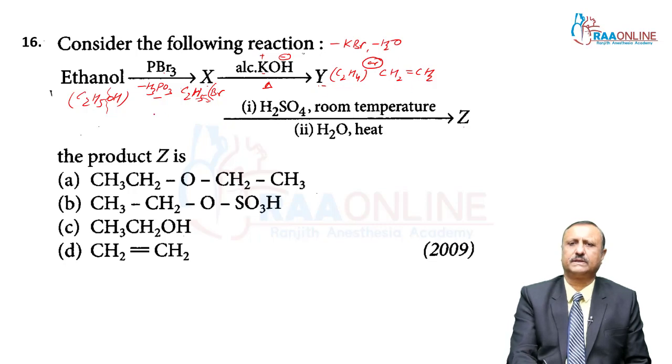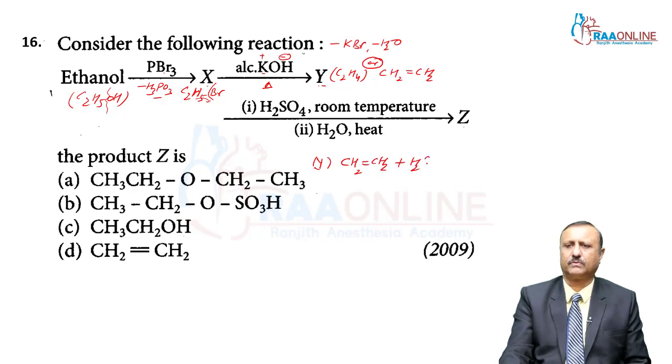Here my dear students, when this ethene, Y, CH2 double bond CH2, reacts with H2SO4 at room temperature, this hydrogen atom goes with the CH2 group and forms CH3, CH2 and HSO4.